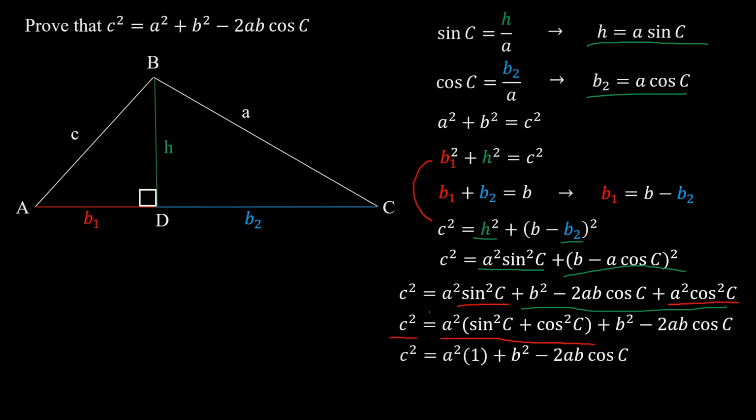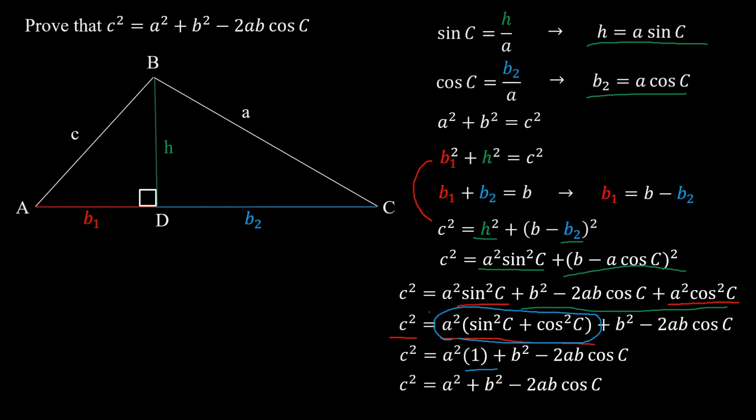Now, if you go back to the Pythagorean identities, we know that sine squared c plus cosine squared c is just going to be equal to 1. So we can write everything in the parentheses right over here as 1.